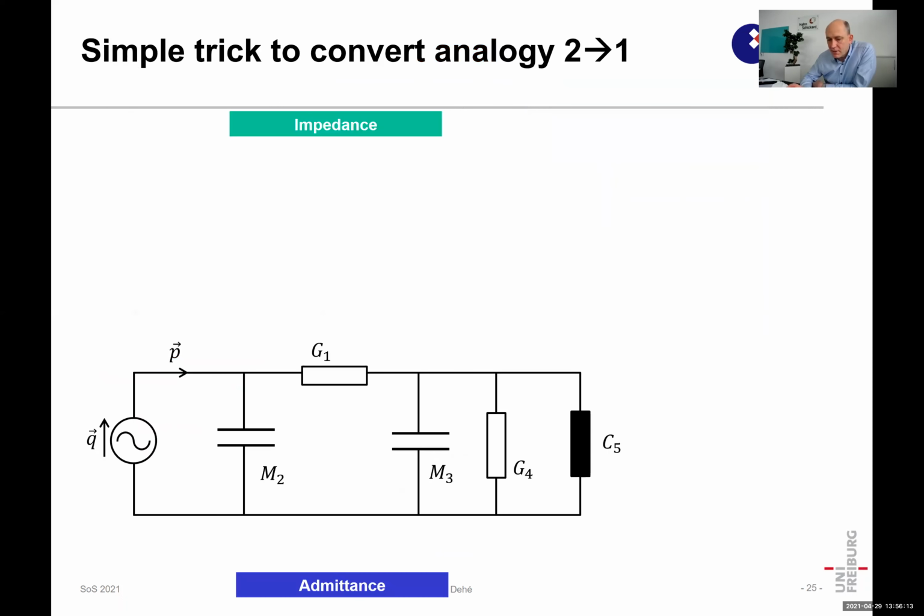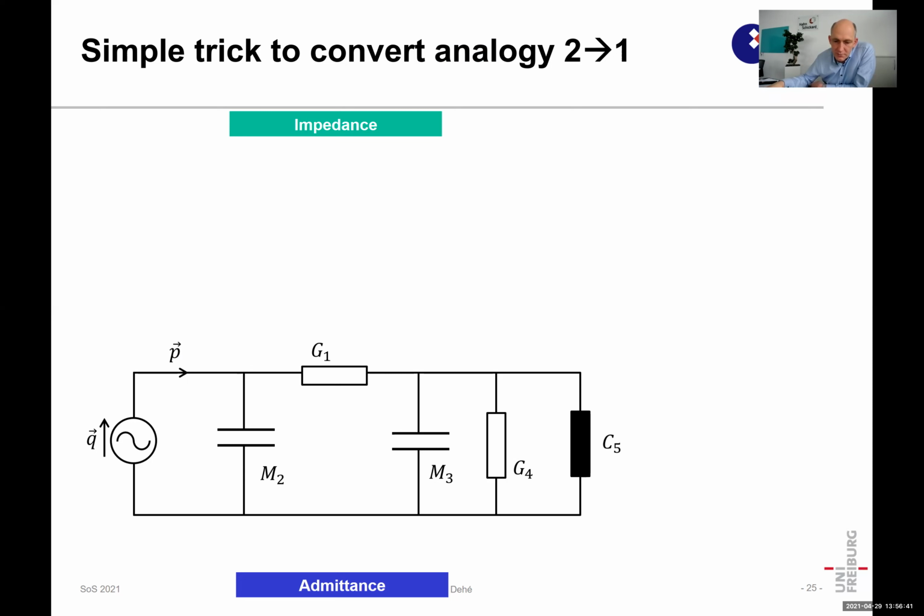I give here a very general description of how you can transfer a circuit that is given to you in the second analogy. Since those analogies are, how should I say, equivalent, you have your transduction law and the inverse topology of the circuits.